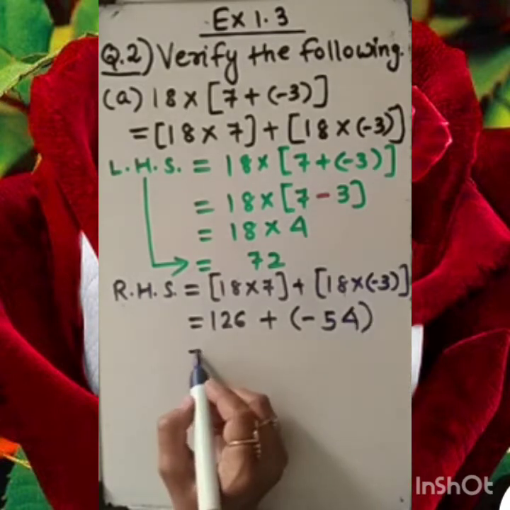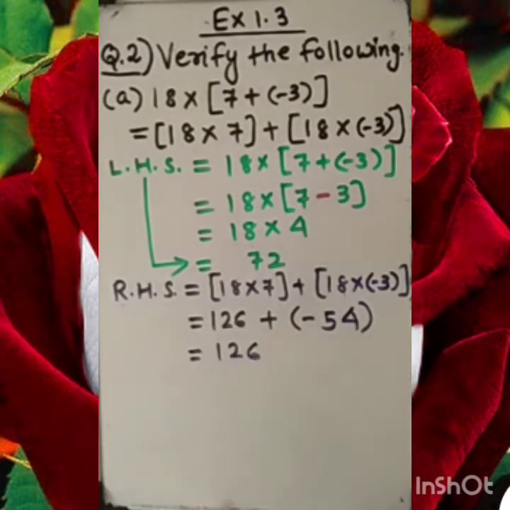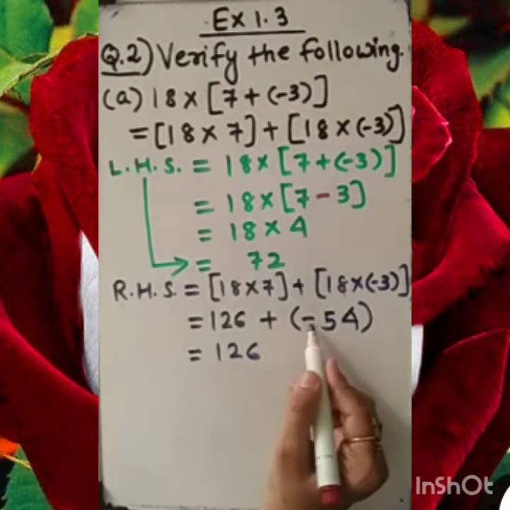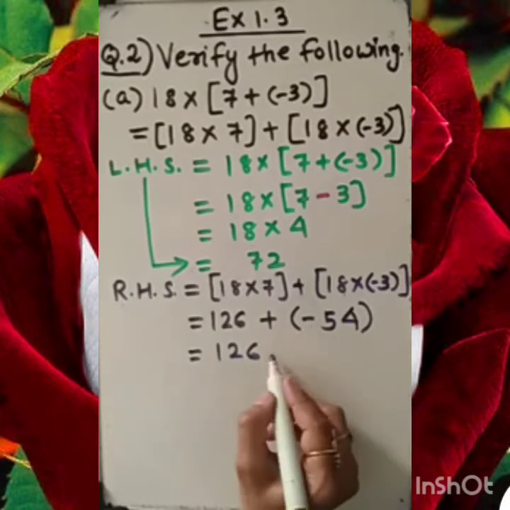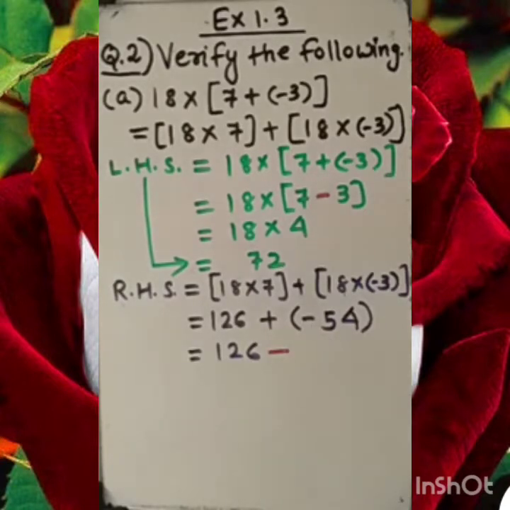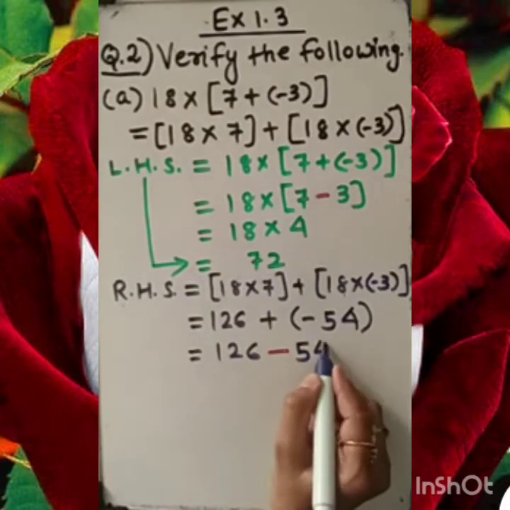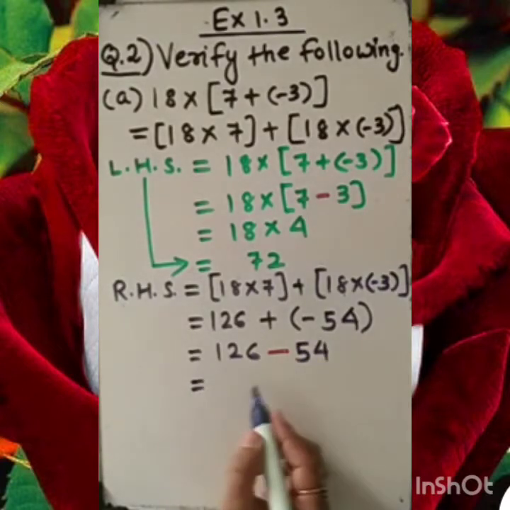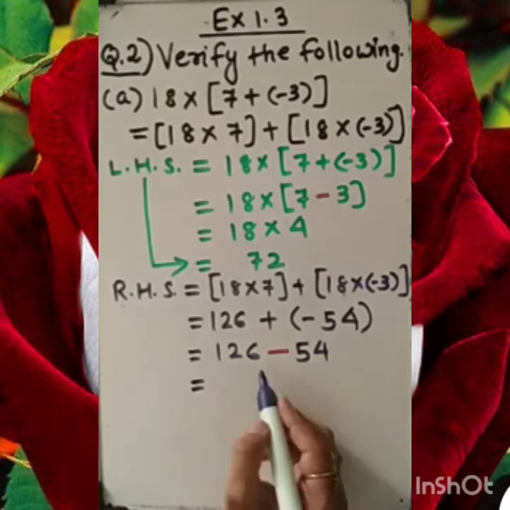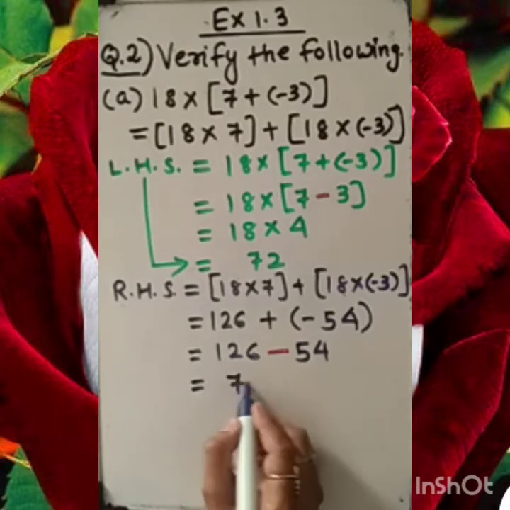Let's simplify 126. Again we are given plus minus. Always remember, dear student, plus minus we need to write as minus. So we are going to subtract 54 from 126. Let's check. The answer is coming 72.